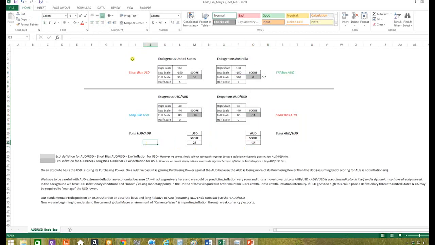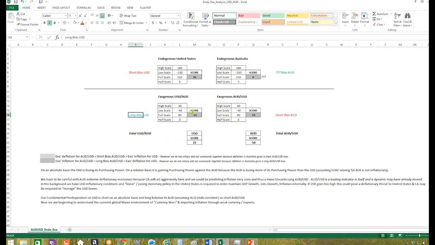And the United States is contributing positively overall because we have an endogenous positive inflationary, and we have an exogenous negative that's coming from our dynamic relativity principle that gives us a long bias in the US dollar.